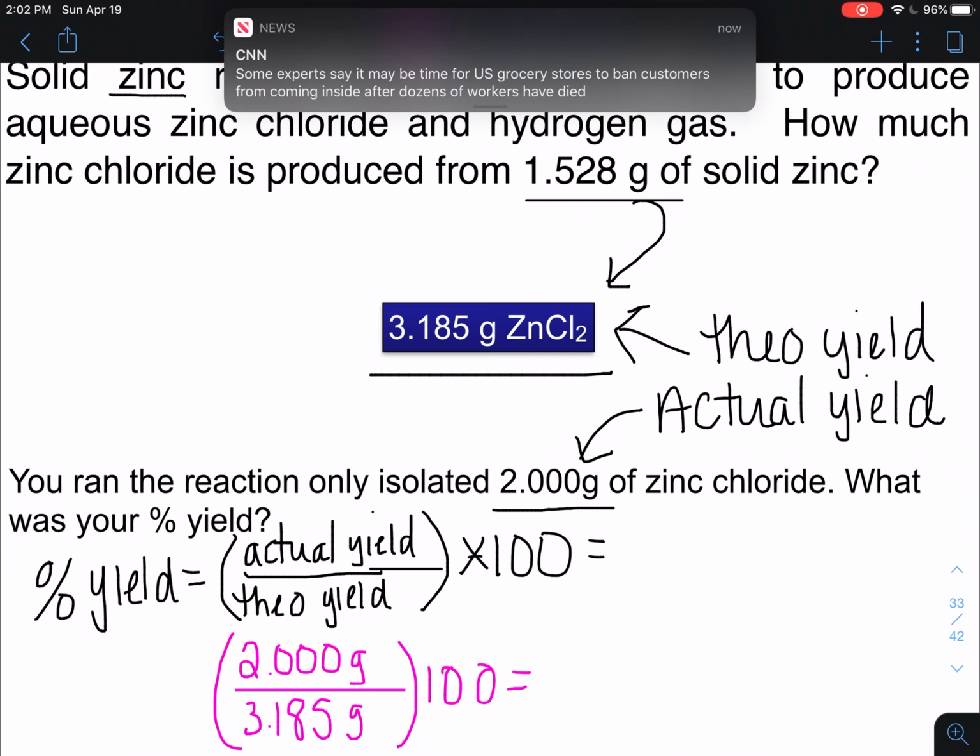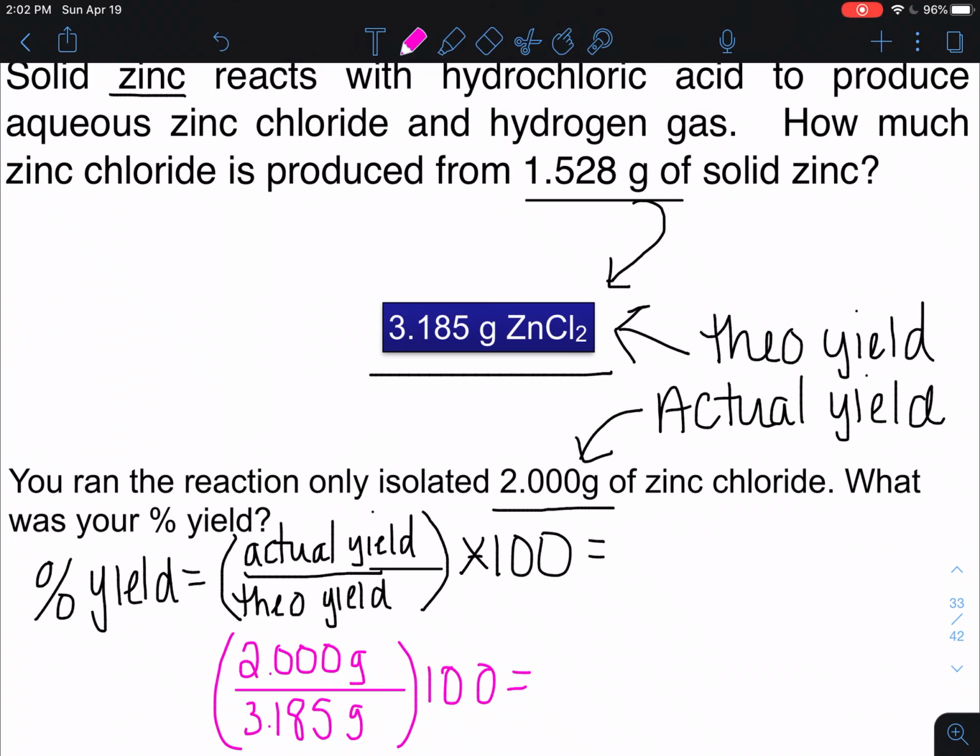And of course, I don't know why I forget to get my calculator out. So we're going to have 2.00 divided by 3.185. And then we're going to multiply that by 100. It looks like we only get about 62.7%.